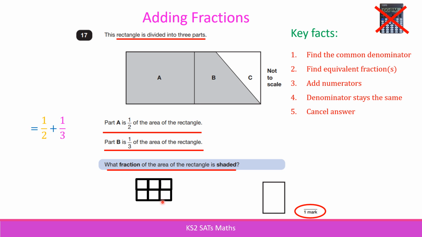So we know there are going to be 6 sections. We've got to work out the equivalent fraction to a half. If I look at this diagram here with 6, half of them are the top half. You can see I have got 1, 2, 3 sections. 3 over 6 is equivalent to 1/2.